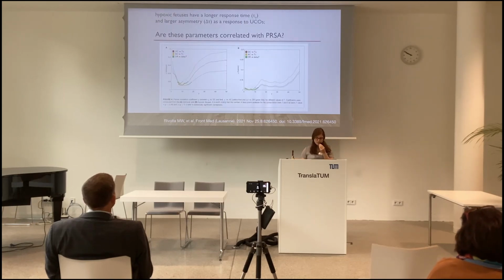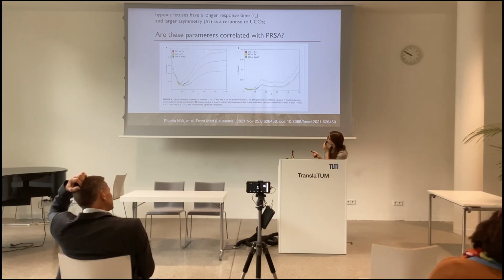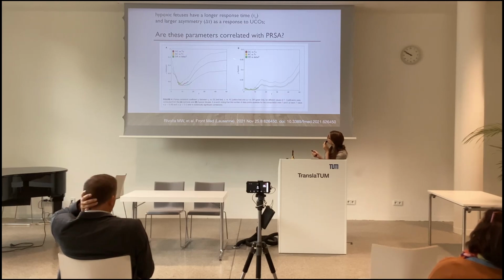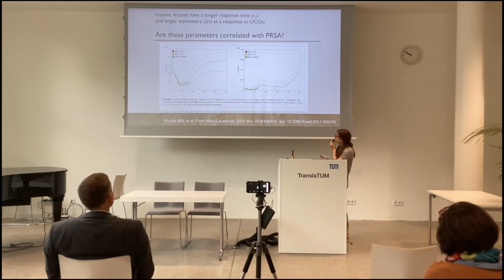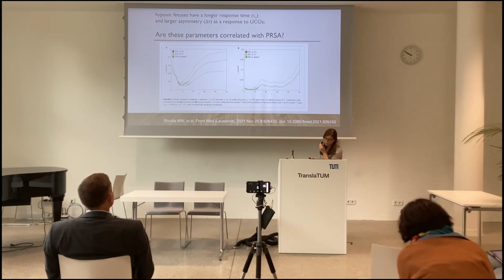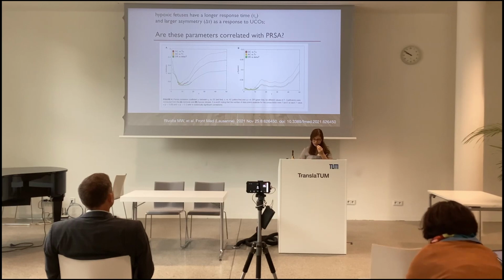And therefore, we asked ourselves how to assess these morphological parameters during labor, because it's really challenging, because of non-stationarity, because of signal noise, because of phase desynchronization. And well, actually we don't know, but we found that these morphological parameters are correlated with the PRSA parameters, both for the normoxic population and also for the hypoxic population.